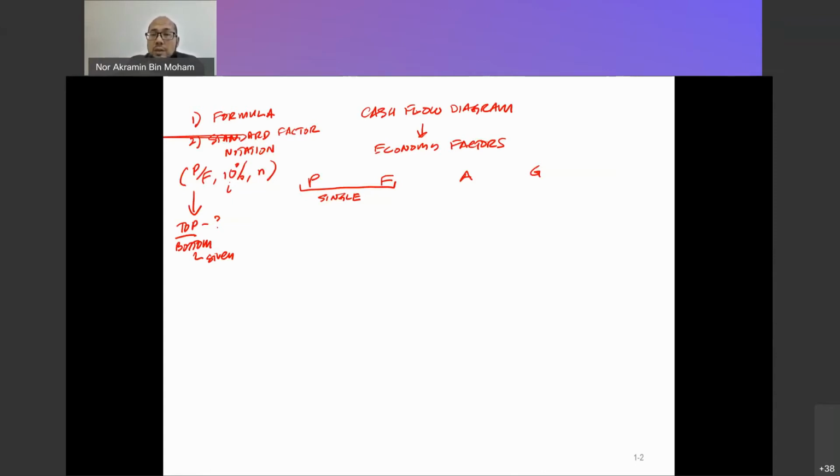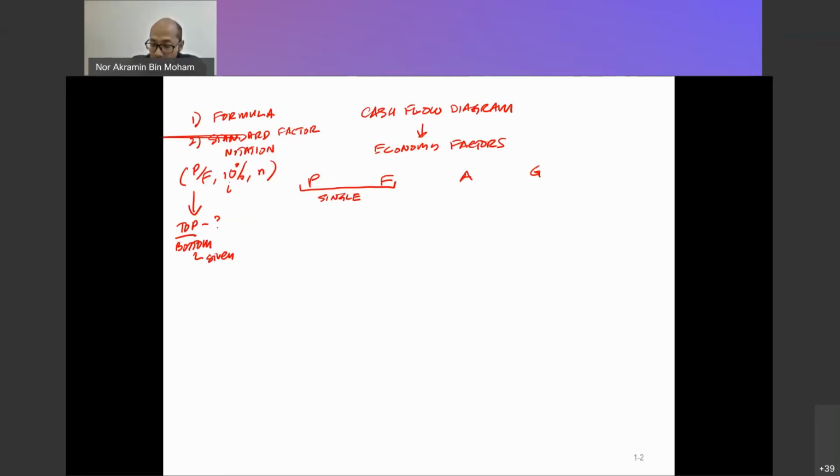The interest table is arranged according to the interest rates, and there are several columns consisting of these two factors and the value of the n period. The value inside the table is determined based on the formula also listed in the appendix. So students are able to use either the formula approach or the standard factor notation.